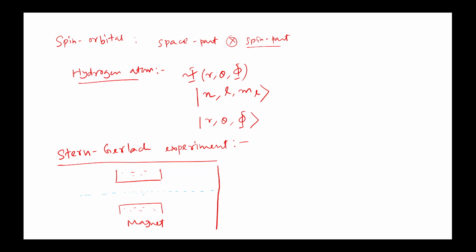So what people expected is that, because for the silver atom, the valence electronic configuration is 5s1, which has an l value equal to 0, it shouldn't have split into two. Only if your l value is greater than 0, in the presence of the magnetic field, should it have split, right?